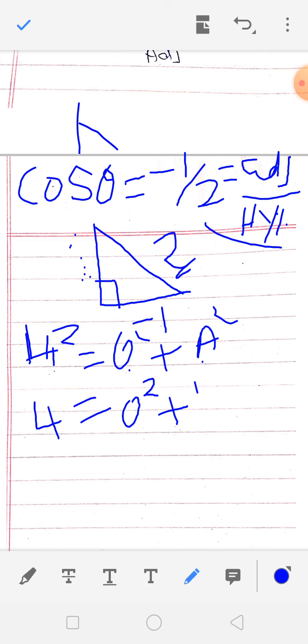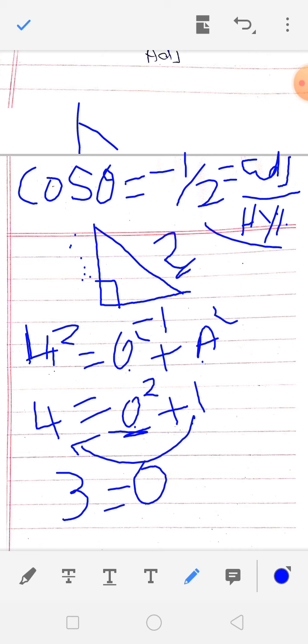Minus 1 whole square will become plus 1 only. So keep the opposite square there. That plus 1 comes to the other side, 4 minus 1. So 3 is equal to O square. I want simply the opposite value only. So taking the square root, you will get root 3. That is your opposite side.